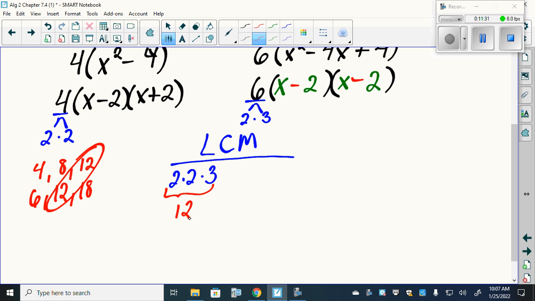Now, I like the sets of parentheses, our binomials, a little bit better with least common multiple, because what I do is I normally just grab one. So this one here has x minus 2 and x minus 2, yes? Well, we'll need both of them. And then I look to the other one and see, what does it have that this one doesn't?